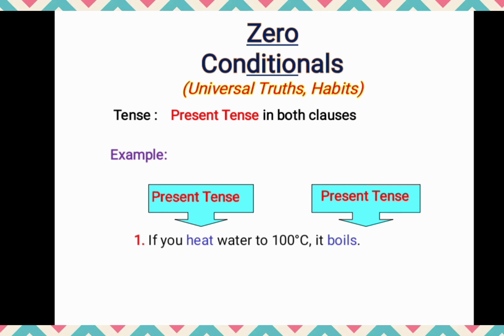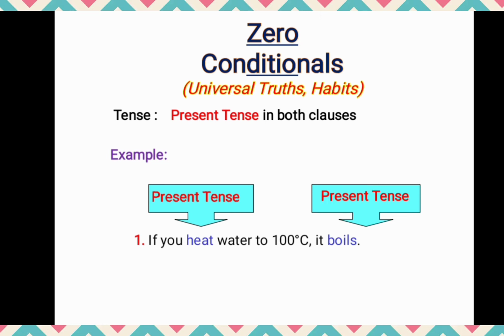The first clause is in present tense and the second clause is also in present tense, and this fulfills the construction of zero conditional and universal truths and habits.